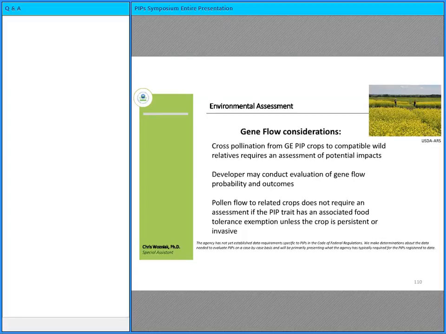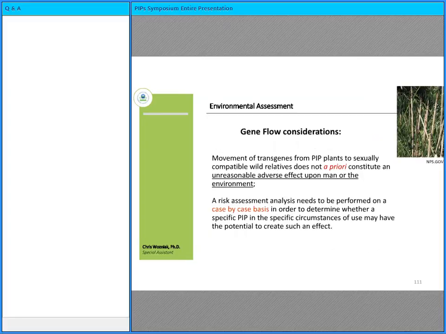So I will say this now, and I'll probably say it 3 more times during my presentation. I don't want to leave the impression that gene flow is somehow a priori a negative consequence, or something to be afraid of, for lack of a better phrase.